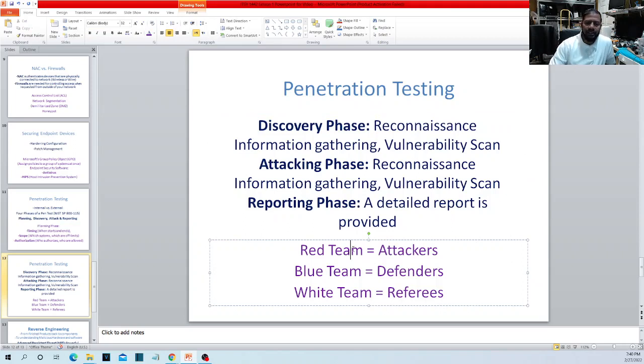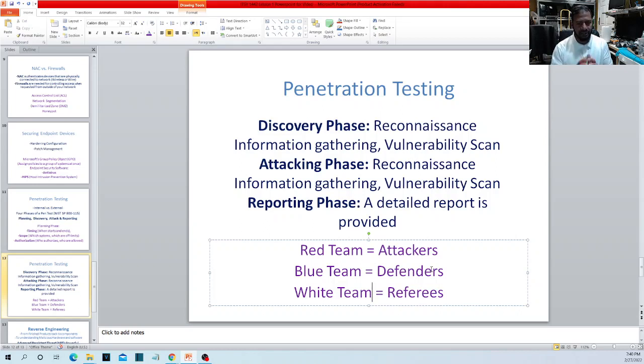In a penetration testing, the red team, they are the attackers. The people who are attacking are called the red team. People who are defending, setting all the defenses, they are the defenders. They're the blue team. Okay, blue team are the defenders, and white team are the referee. If these two teams have complained or they are not getting along or they are doing something not right, then the white team will say, "Hey, these are the rules of engagement.